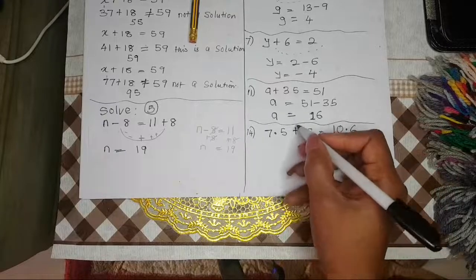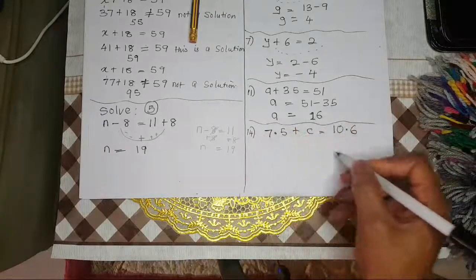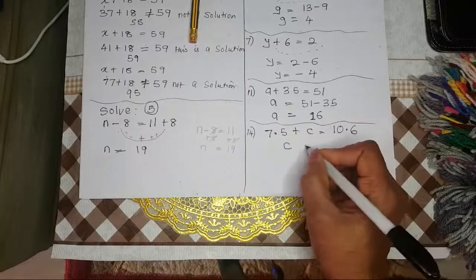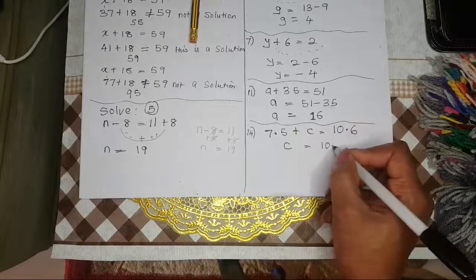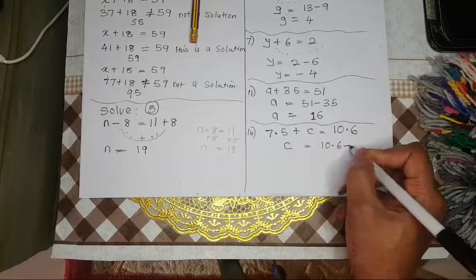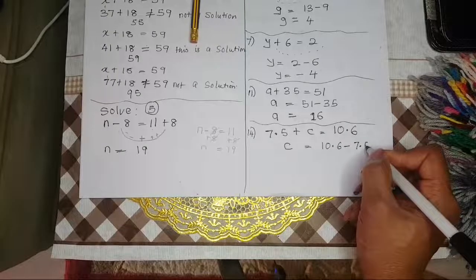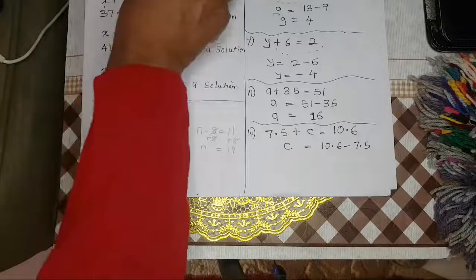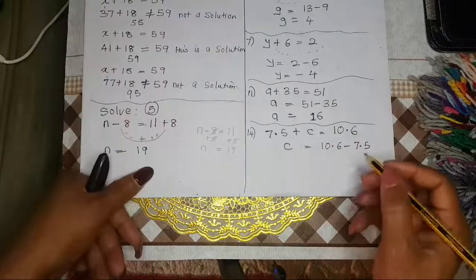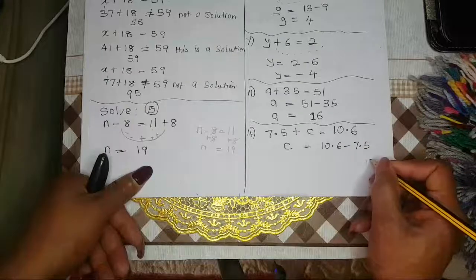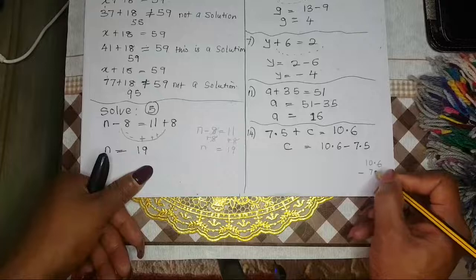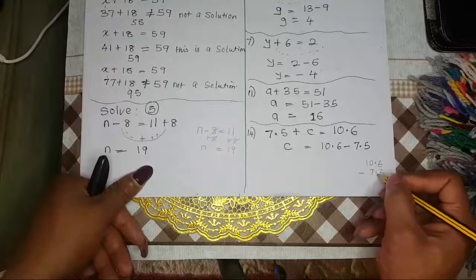So we're going to move everything here over there, and we leave C alone. So C is going to be 10.6 minus 7.5. It is minus because the sign in front of 7 is plus. So we can do it like this: 10.6 minus 7.5.